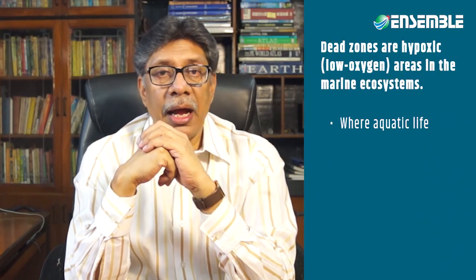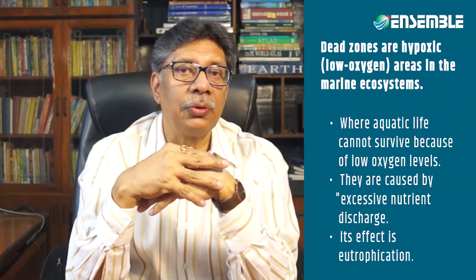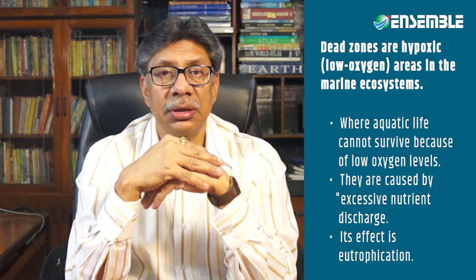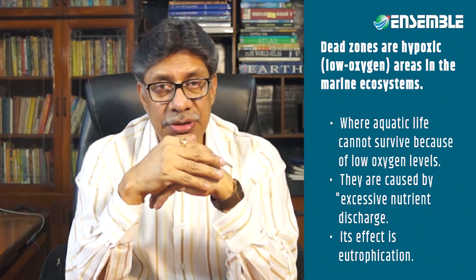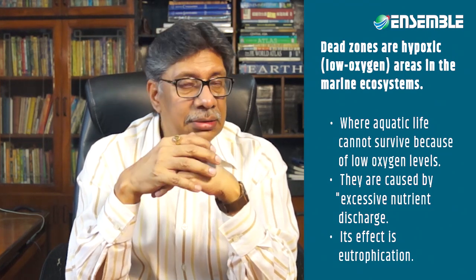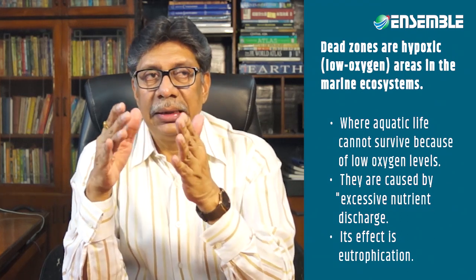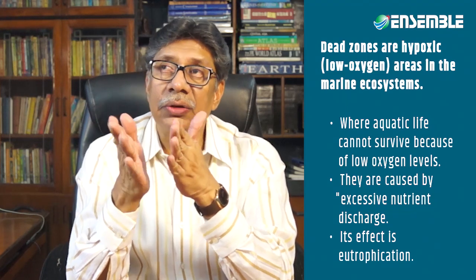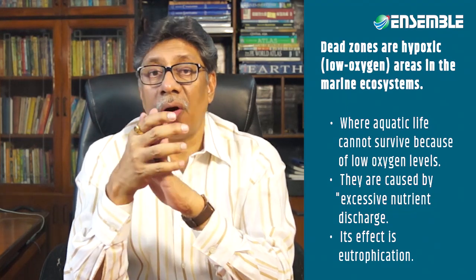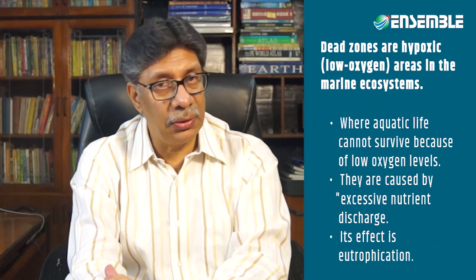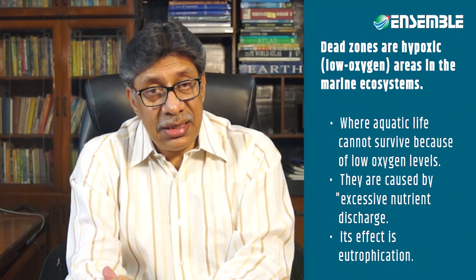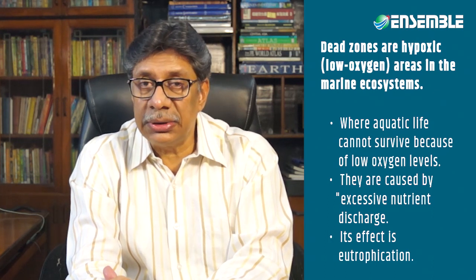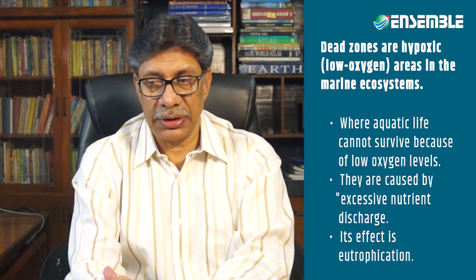Dead zones are hypoxic. Hypoxic means those regions that have a low oxygen content. They are hypoxic, low oxygen areas in the marine ecosystem. These are areas of water bodies where aquatic life cannot survive because the oxygen levels are very low. These dead zones are caused by excessive nutrient discharge and its concomitant effects such as eutrophication.